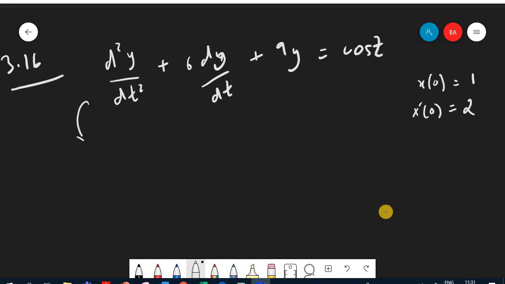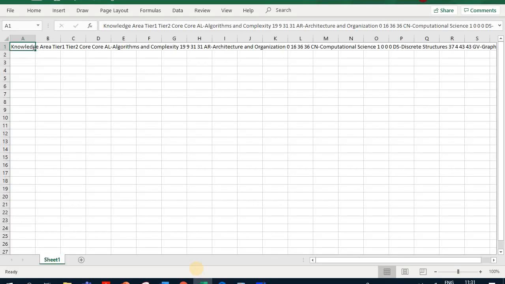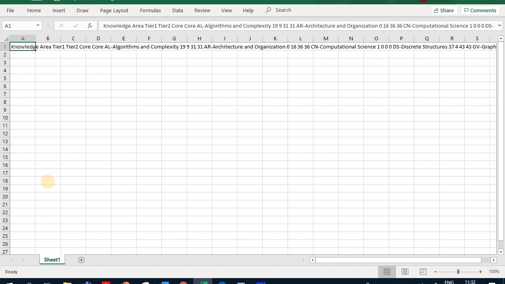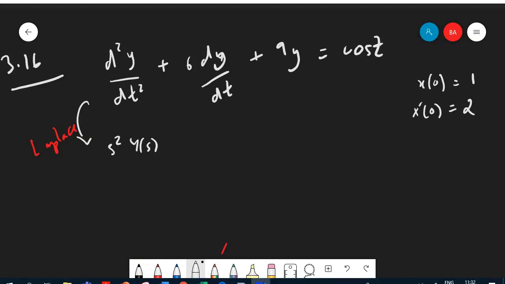So what I'm going to do is take Laplace. By taking Laplace, this will be s squared y of s. Did they say x? Let me see that just in a moment.